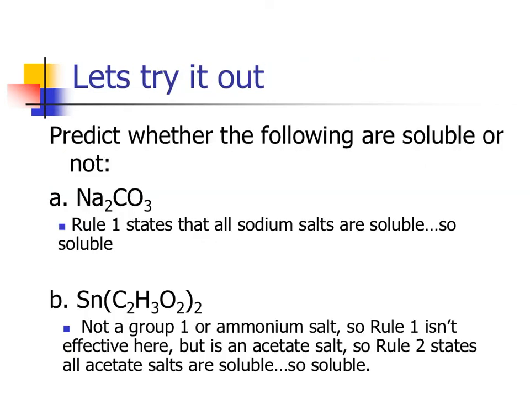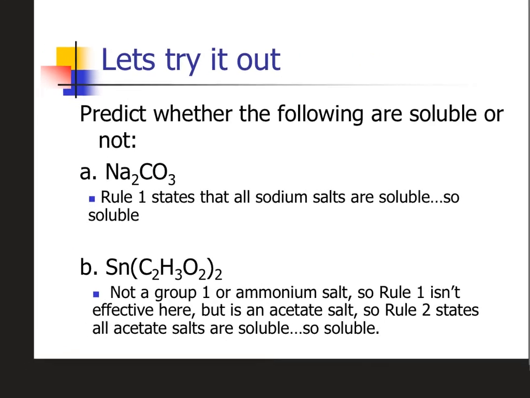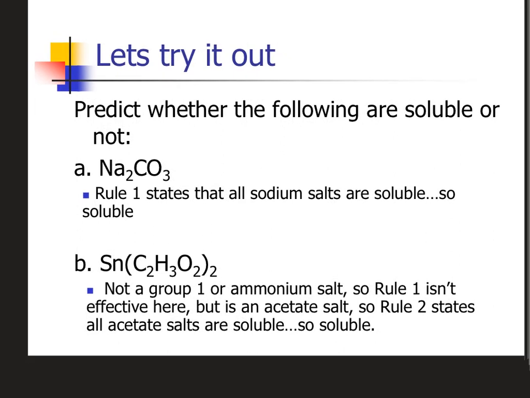So when we look at this first one here, it says predict whether the following are soluble or not. If we look at the compound sodium carbonate, it's soluble because of rule 1, and that's it. We don't move on to rule number 2 because it doesn't deal with it.